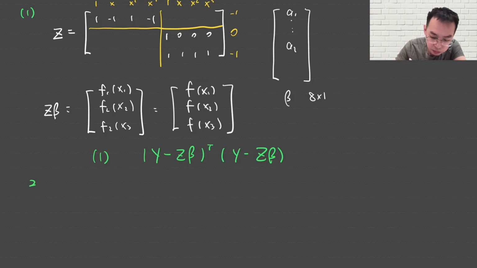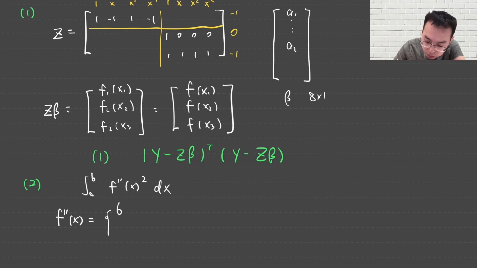So the second term, remember what we have is this, right? The integral from a to b of f prime prime of x squared dx. And then recall that f prime prime of x equals 6a1x plus 2b1, for x in between x1 and x2.